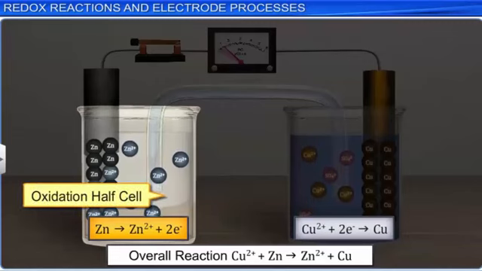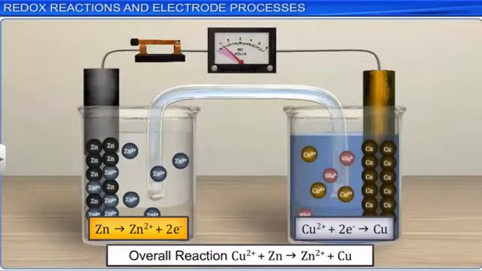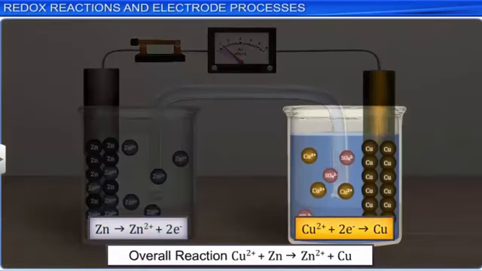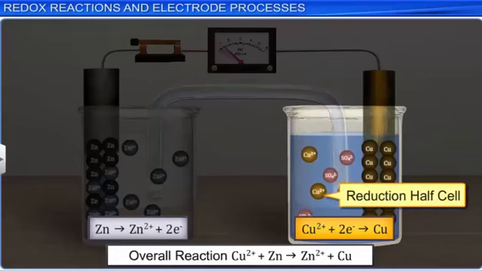The electrode at which oxidation takes place is called the anode. On the other hand, in the beaker in which the copper rod is dipped in copper sulfate solution, reduction of copper ions is taking place, and it is referred to as the reduction half cell. The electrode at which reduction takes place is called the cathode.